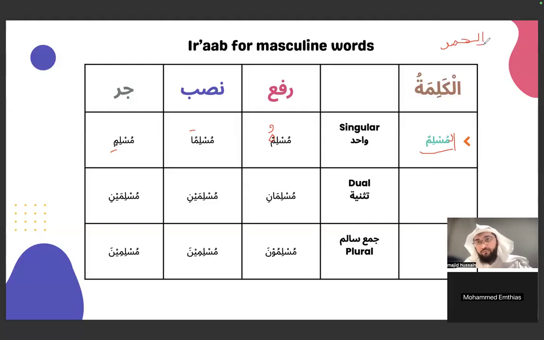Because we have alif lam in the word. And when there is alif lam, first of all, it indicates that this is a noun, and the last letter will always be in the state of dhamma. Why is it dhamma? Because of alif lam. Whenever there is alif lam on a noun, that word cannot have two dhamma, two kasra, or two fatha. Either it will have one dhamma, one fatha, or one kasra. I hope that clears it up, inshallah.